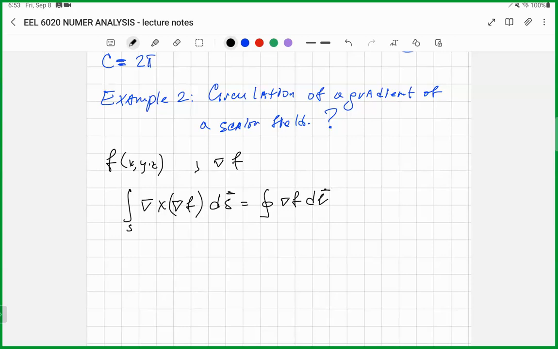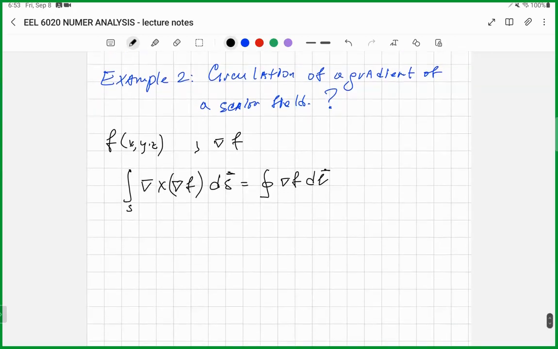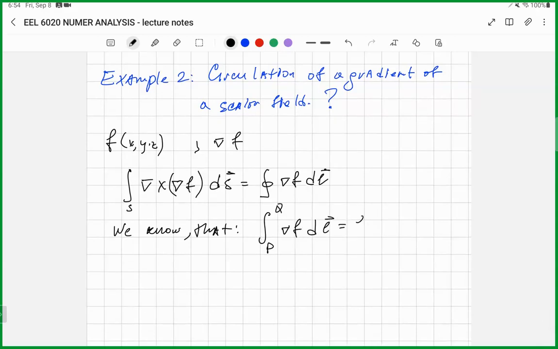Okay. On the other hand, we know the integral gradient theorem, right, which is given by this expression: the integral from p to q of gradient f dl is equal to f in the point q minus f in the point p.